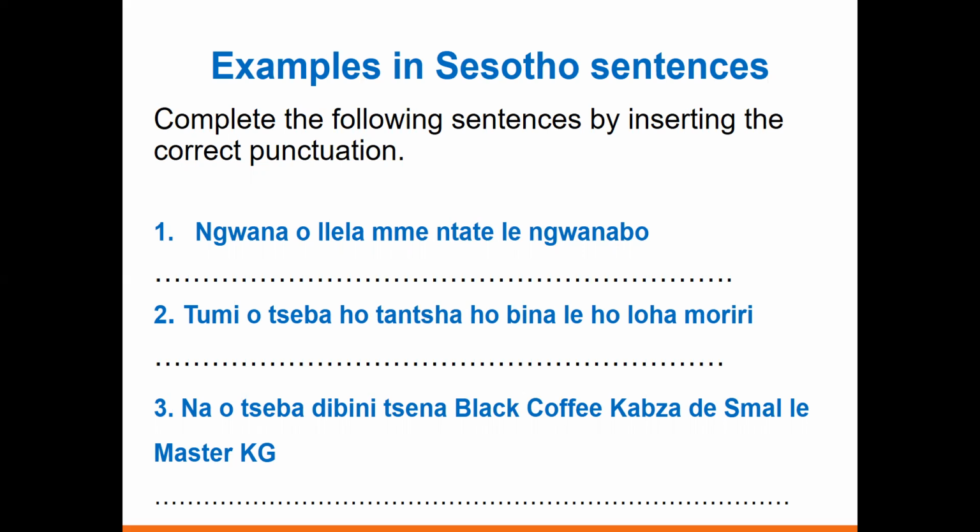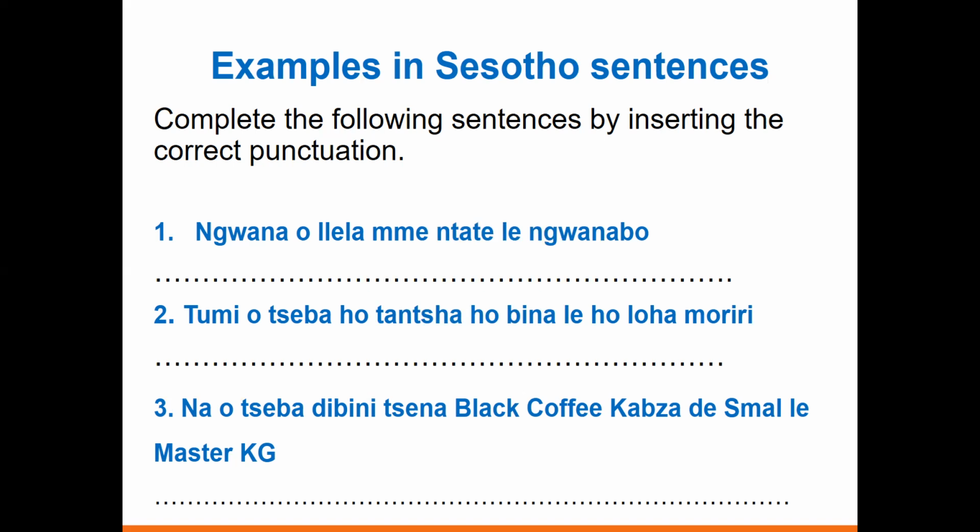Okay. Tumi o tseba ho tantsha, ho bina le ho loha moriri. And also look, another important thing there as well, consider where your conjunction is. I introduced you to the 3 basic conjunctions in the first semester. Le meaning and, impa, but, ubani, because.